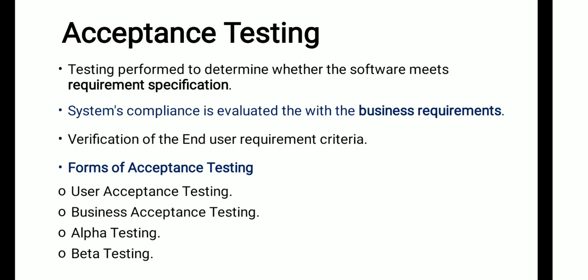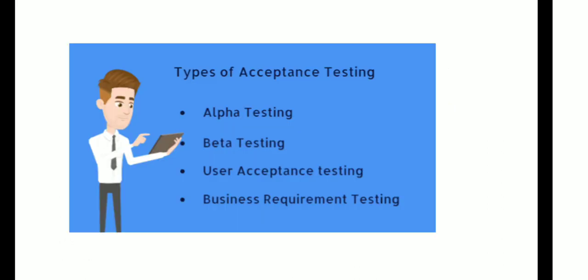So what are the types of acceptance testing? Alpha testing, beta testing, user acceptance testing, and business requirement testing. As we have already discussed in the previous slide, now we are going to discuss these points in detail.